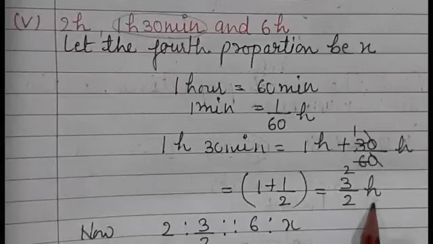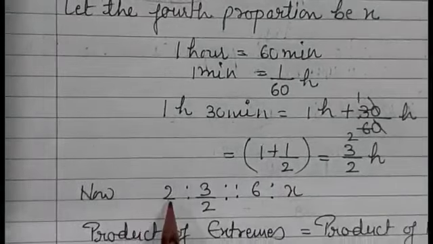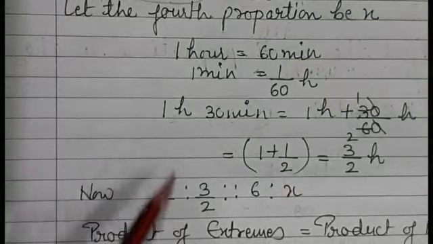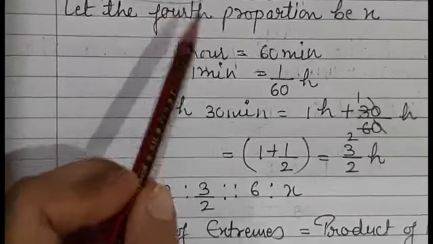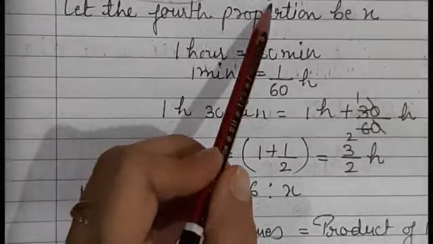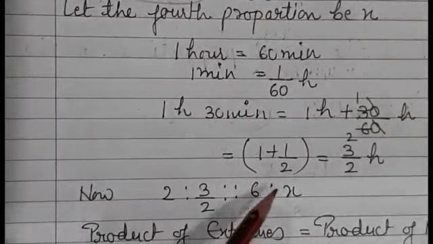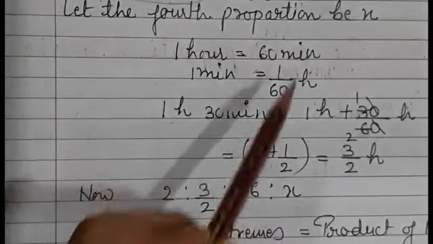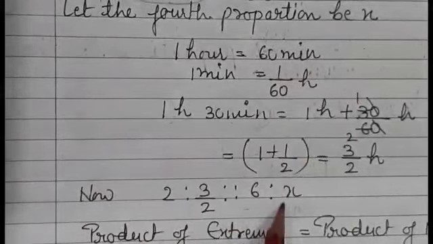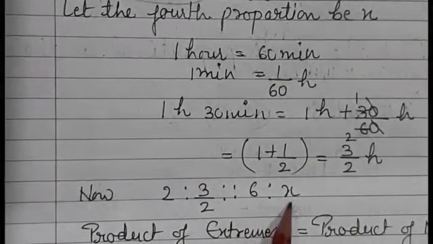Is it clear? So this 2 hours we can write as 2 is to 1 hour 30 minutes, we can write as 3 by 2 hours as 6 hours we can write as 6 is to fourth proportion we have let as x. So x. Clear?